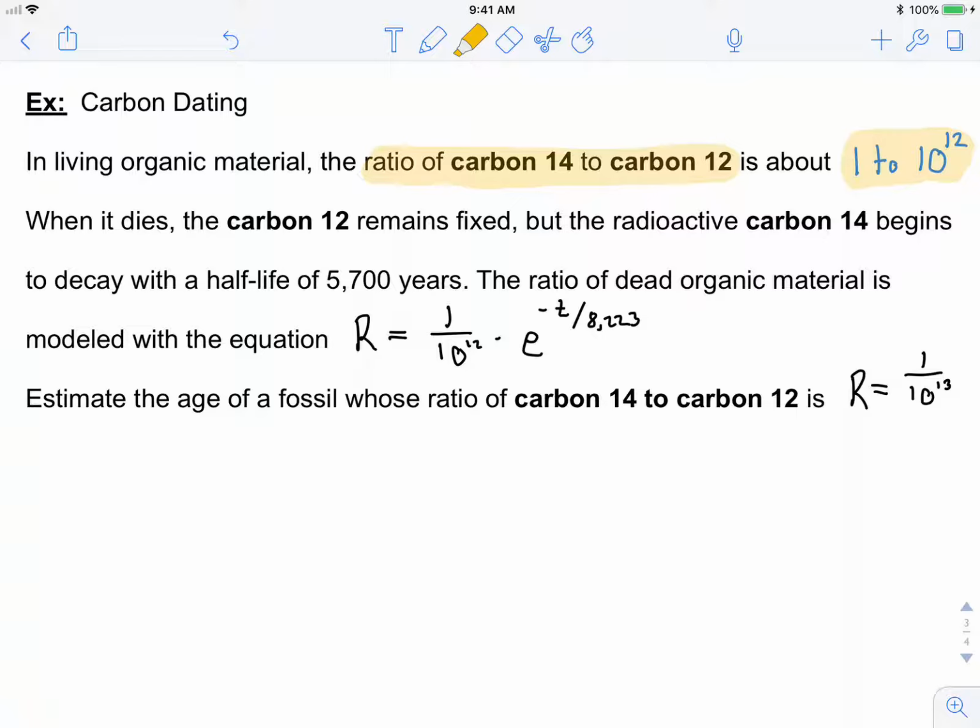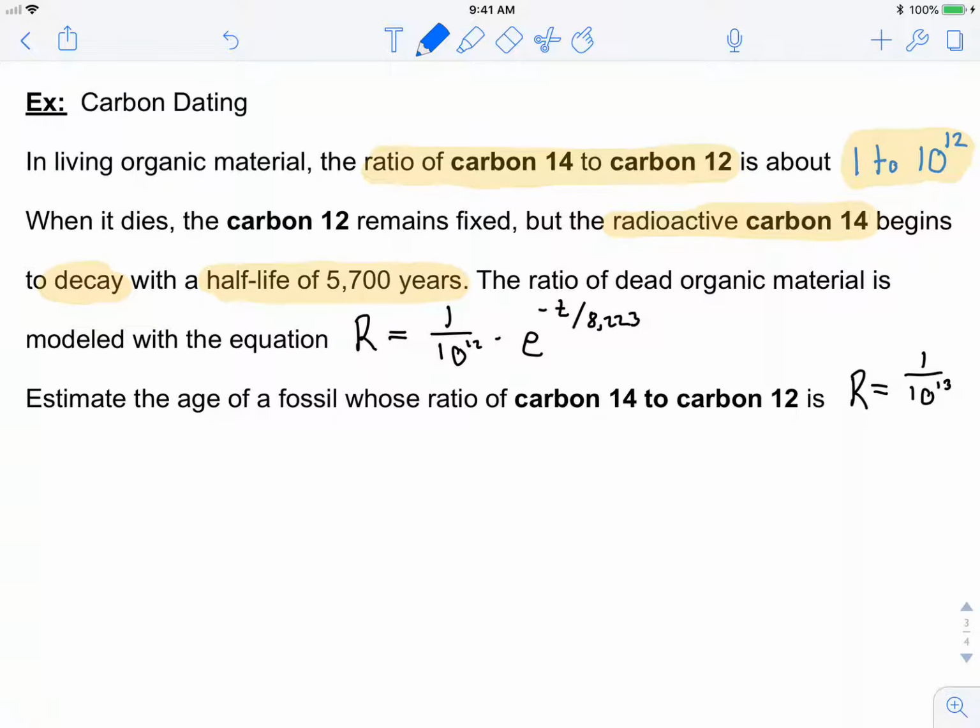However, when an organic material dies, the carbon-12 remains fixed, but the radioactive carbon-14 begins to decay with a half-life of 5,700 years. So the word decay here tells us we're going to be using exponential decay.